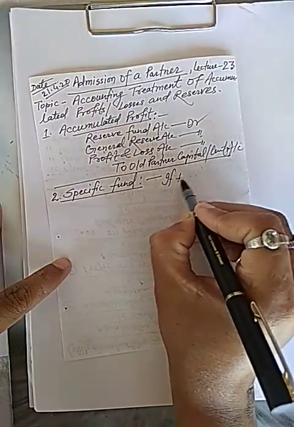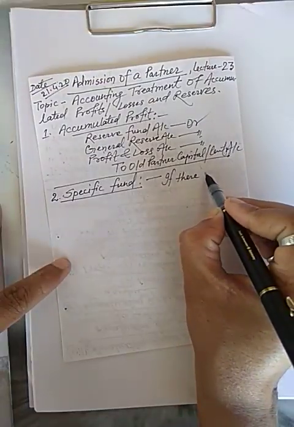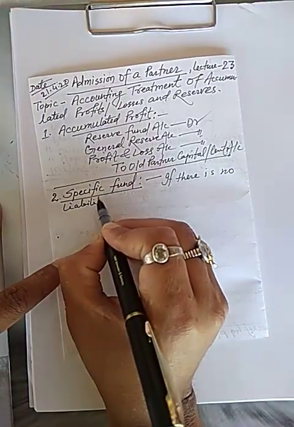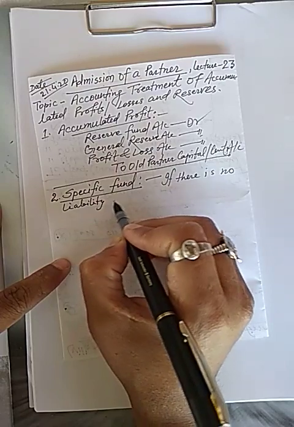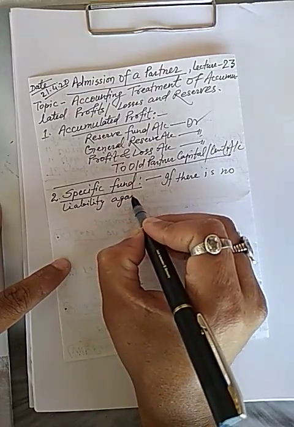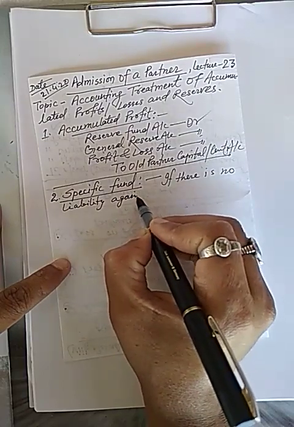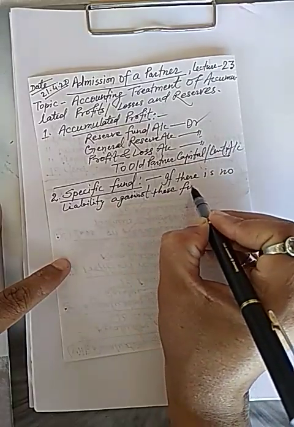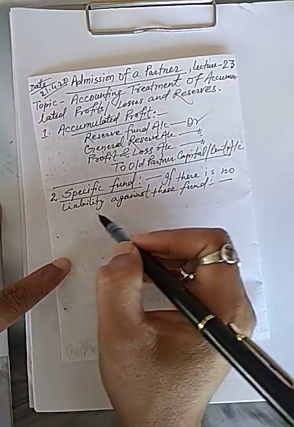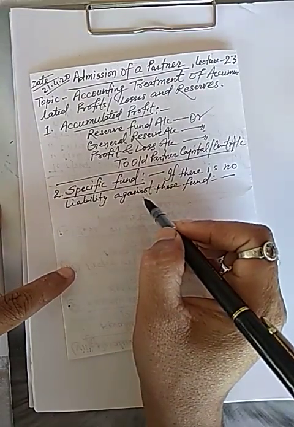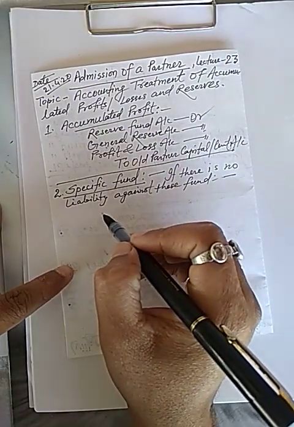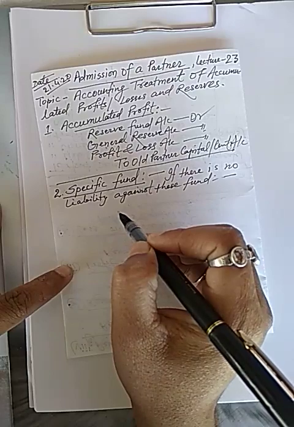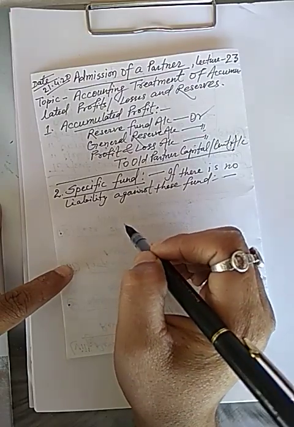then it should be credited to all partners' capital accounts in their old profit sharing ratio.